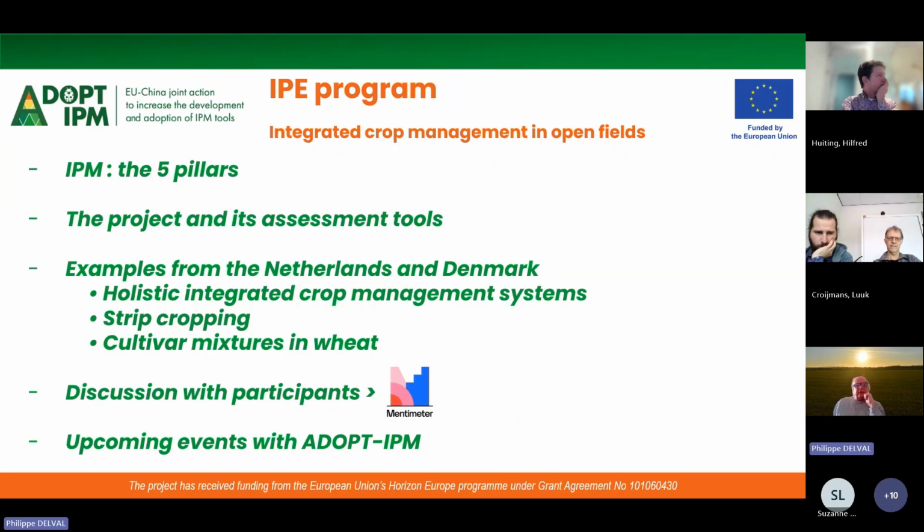After that, Luc Kruijmans will present strip cropping tested in the Netherlands. And later, we will see Isaac from Denmark, who will present the experiments in wheat about cultivar mixtures, but also the combination with biocontrol.